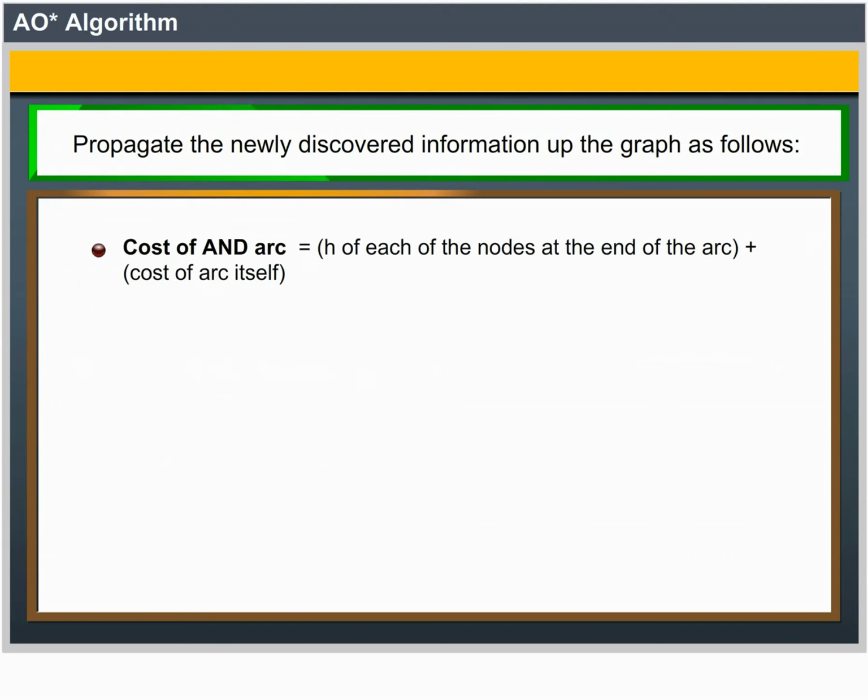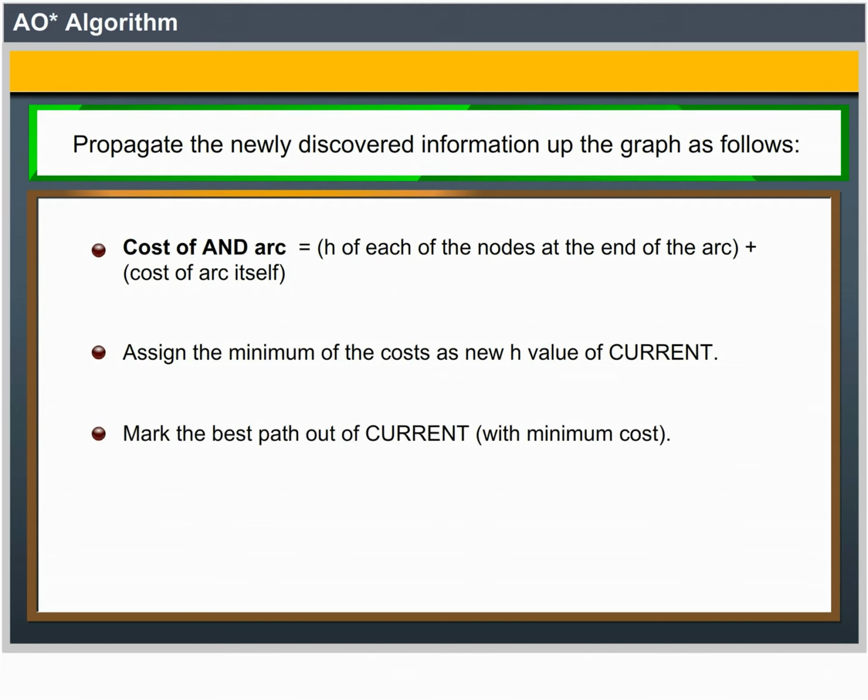The cost of an AND arc is equal to h of each of the nodes at the end of the arc plus the cost of the arc itself. Assign the minimum of the costs as the new h value of current. Make the best path out of current the one with minimum cost.